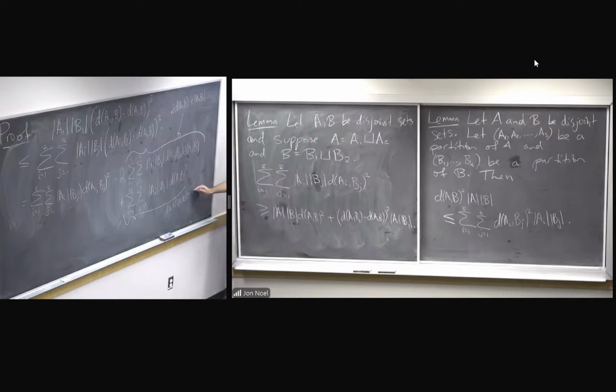So that is just, again, d(A,B) times e(A,B). So these are kind of the same thing, except this one has a -2 on it.